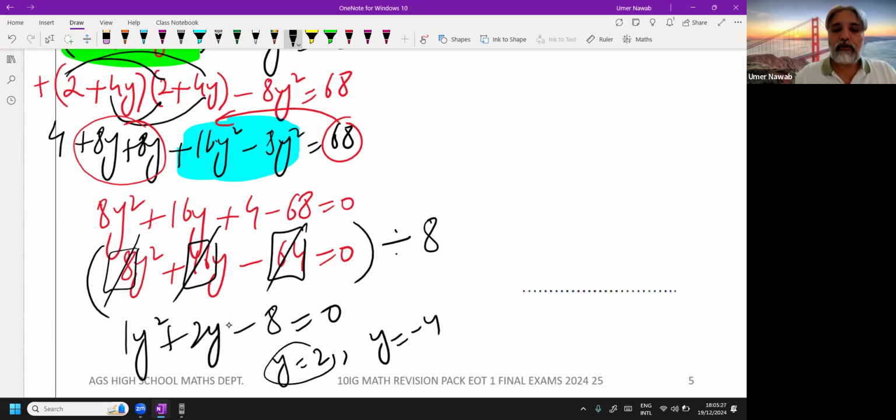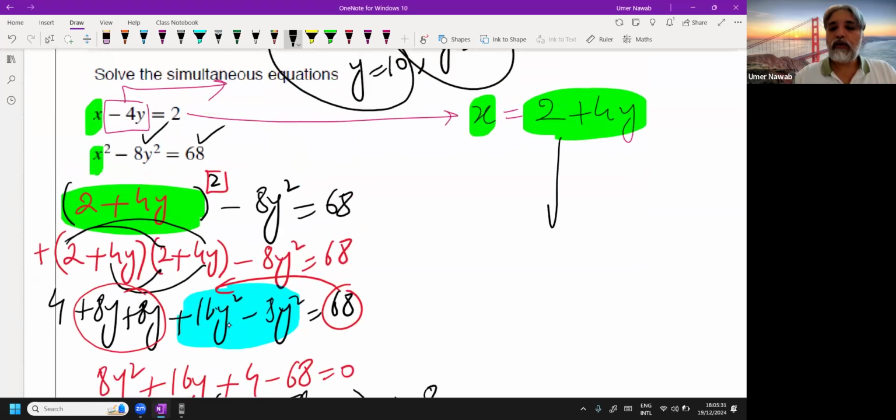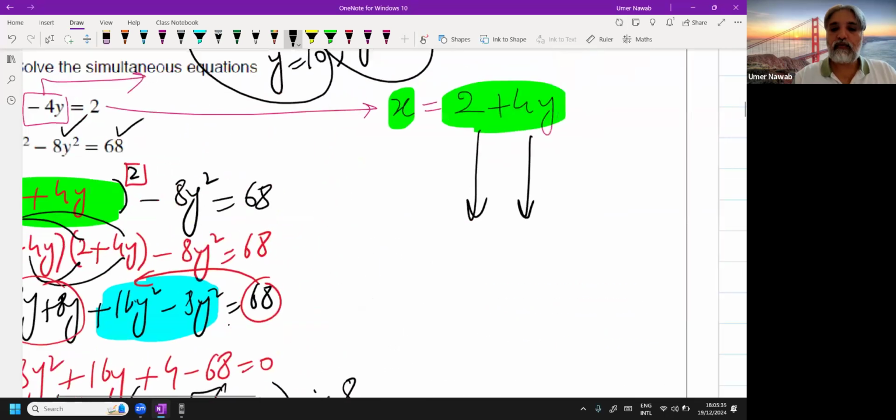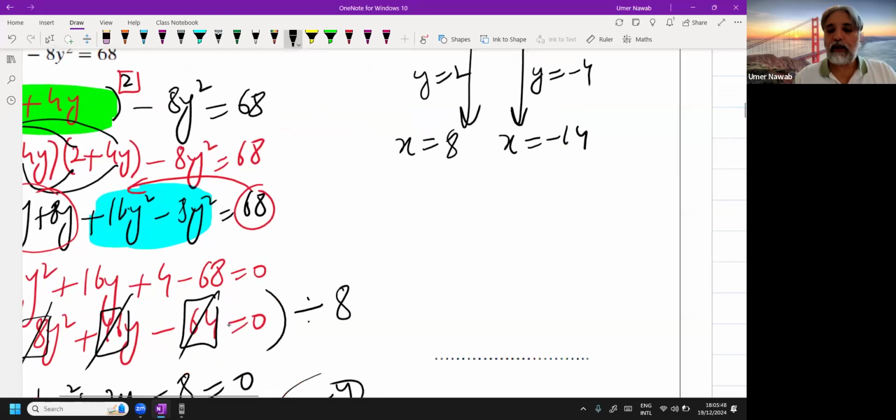Now these two values one by one substitute here in this equation. So it will give you two values of x. If I use y is equal to 2, it gives you x is equal to 8. If you use the value of y negative 4, it gives you the value of x negative 14. Please check if there will be an error.